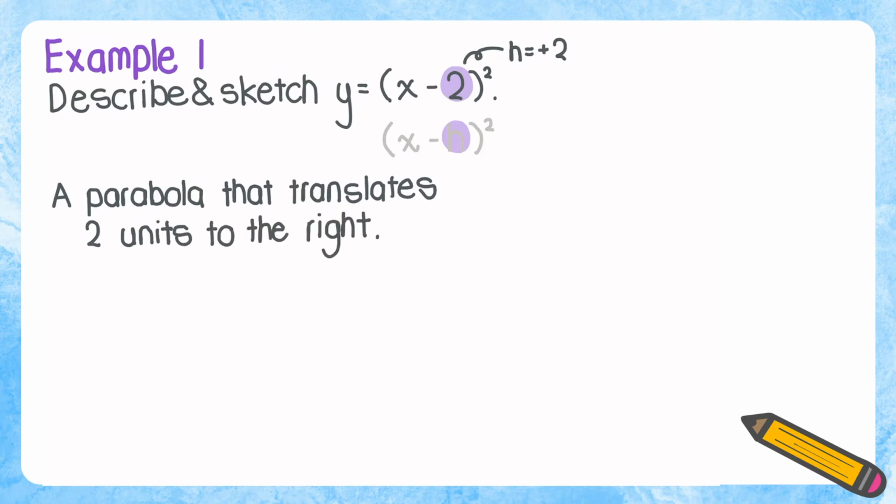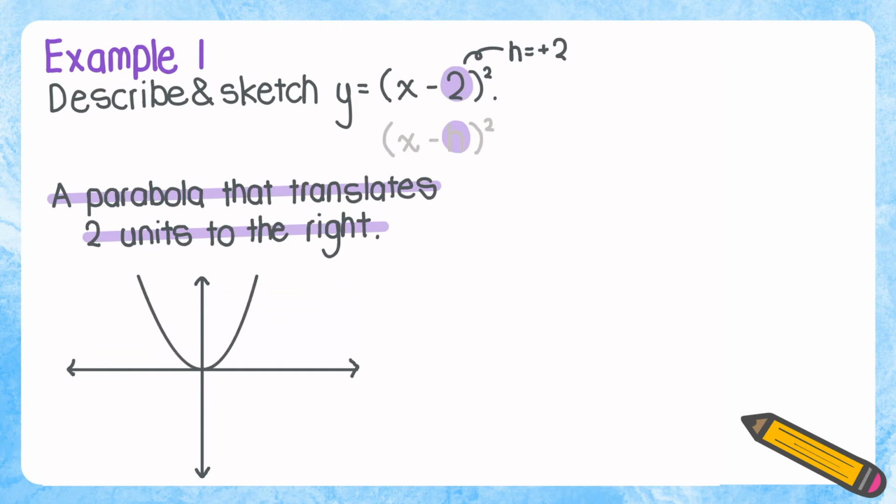Again, h tells you whether to go left or right. In this case, we went to the right. So we provided a description. Now we have to provide a sketch. So similar to earlier, I'm going to draw out the basic axes, and then the parent function.